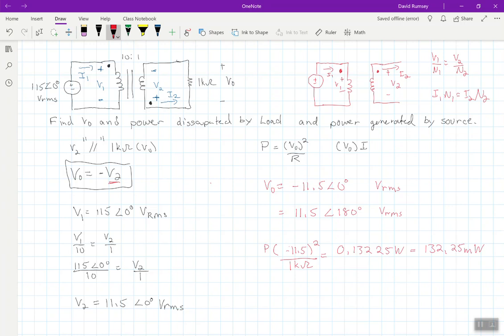Now, the last part we're asked is to find the power generated by the source here. Okay, well, we have to look at what the current here is. I have 115 volts, but I need to know what I1 is. Well, there's nothing I can do on this side of the coil, on the left-hand side, on the primary winding side, to find I1.